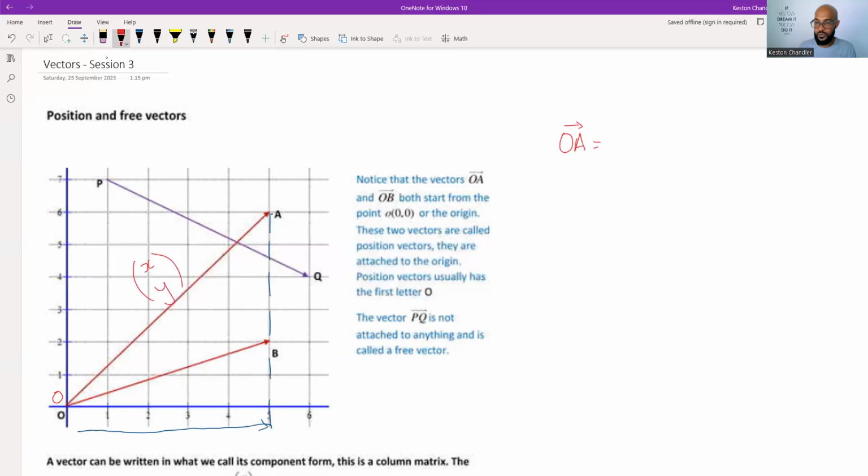And that's our X value here in our column matrix. And if that's the X value, then my Y value, if we go across here to my Y axis, starts from 0 and goes all the way up to 6. Then my Y value is going to be 6. Does that make sense? So the vector OA could be defined as 5, 6.